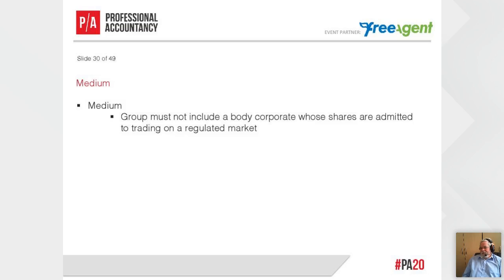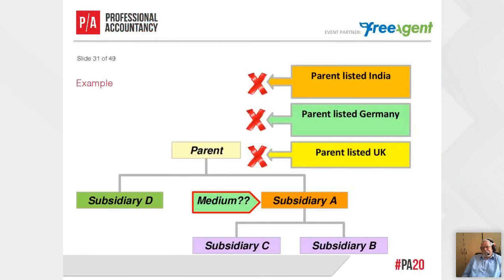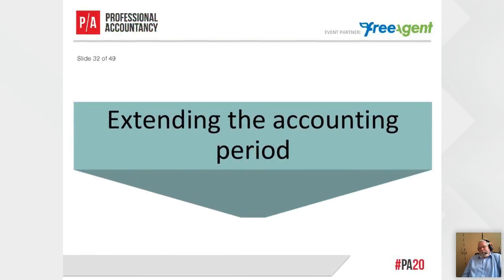So for example, if it was listed in India, which is increasingly common from what I can see as far as some UK accountants are concerned, then that would have an eligibility issue from the point of view of being medium-sized, but does not have an issue from the point of view of being small. So with regard to that particular aspect at the moment, if you're looking at medium-sized, it'll be listed anywhere on a global basis. So you would be a member of an ineligible group.